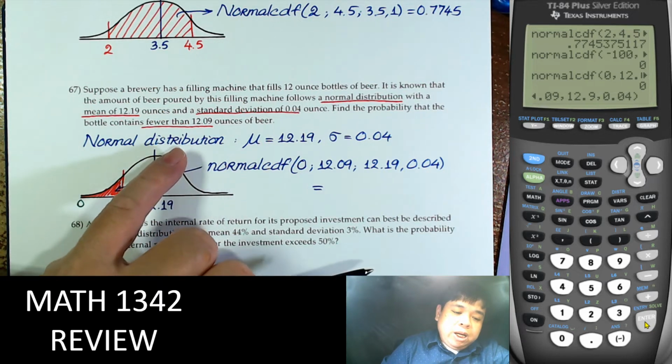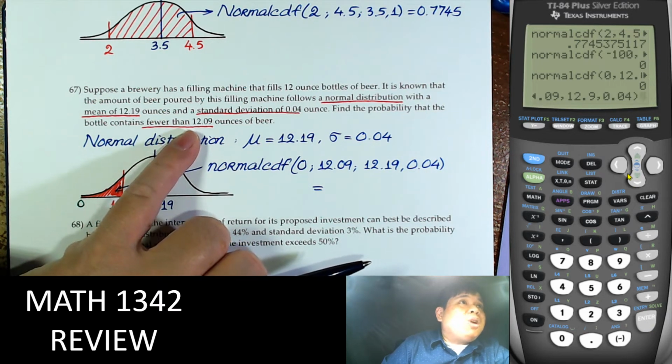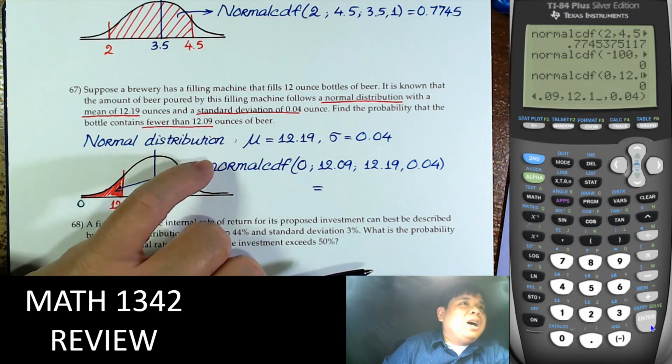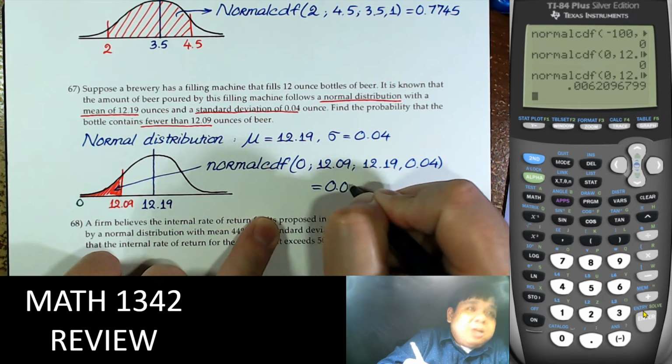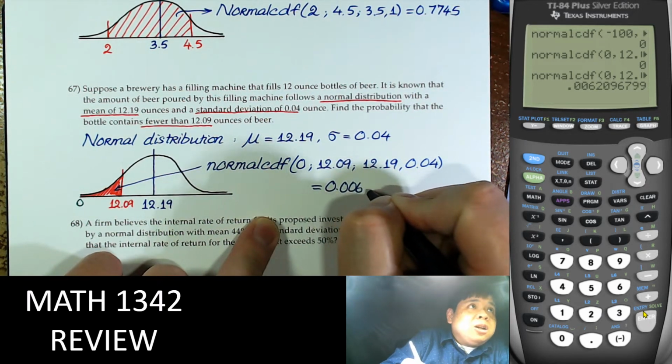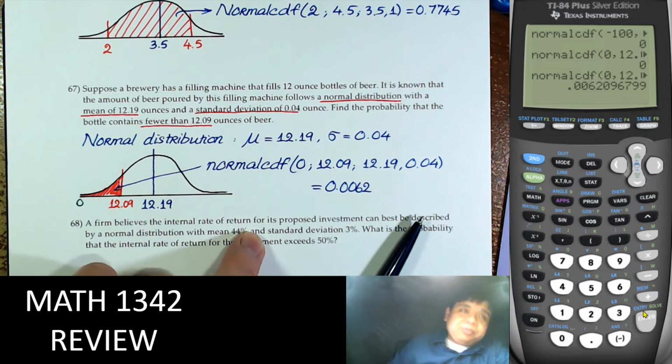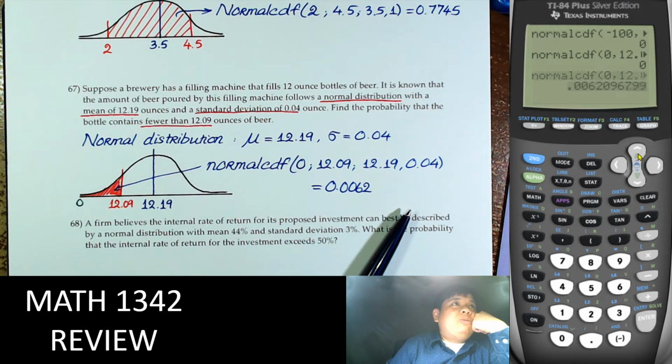Oh, it's not 12.19, sorry. Right, like that. Like I said, if I put 100, negative 100, yeah, the number should not change.